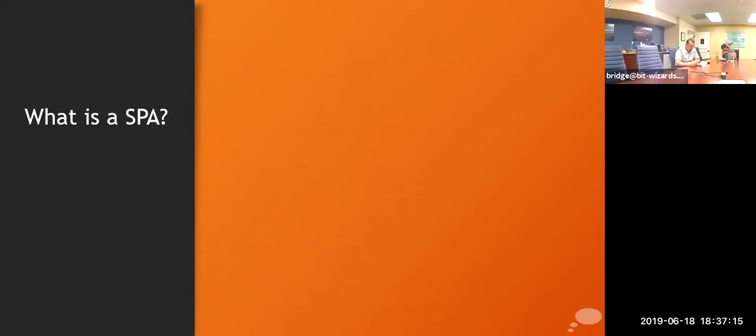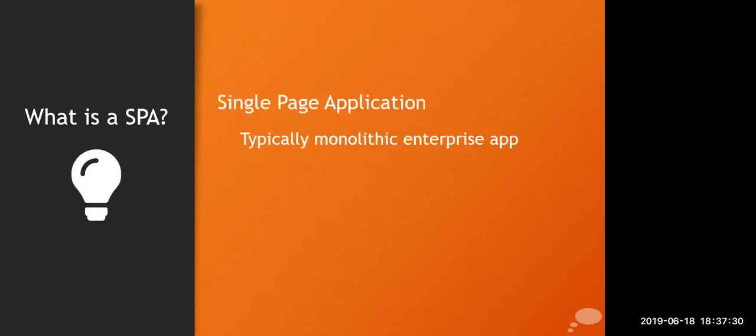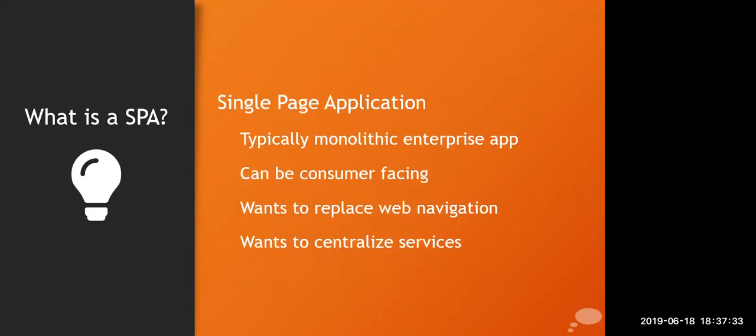So I'm going to start with this idea of a SPA that becomes really important, and it's a phrase that I kind of hate, because the term single page application makes the assumption that we're writing these large monolithic web applications in JavaScript or TypeScript. They tend to be used in enterprises as replacements for desktop apps.